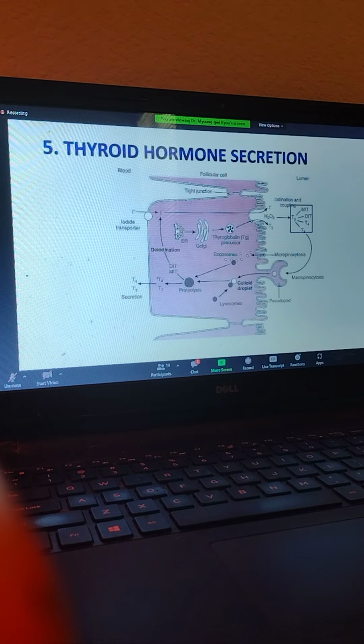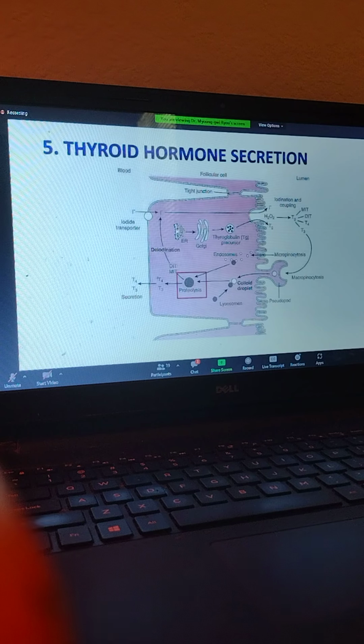And what happens is, the thyroid hormones will get into the cells through micropinocytosis or macropinocytosis. So this colloid droplet is going to be moving toward the basal membranes. And then inside of the cells, we have the lysosomes. And the colloid droplet and the lysosomes are going to be fused. And then the lysosomes have a lot of enzymes that can do the proteolysis.